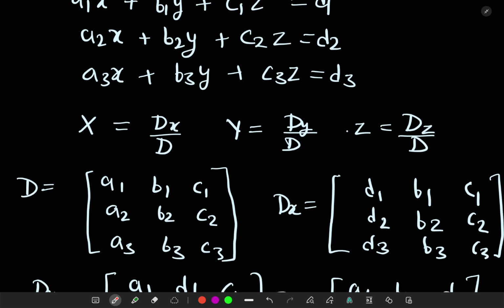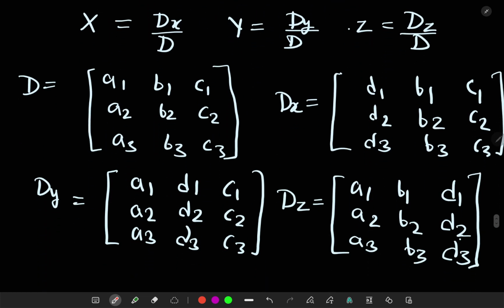According to Cramer's rule, x equals determinant Dx divided by determinant D, and similarly for y and z. These are the general representations of Cramer's rule to find the values of x, y and z.